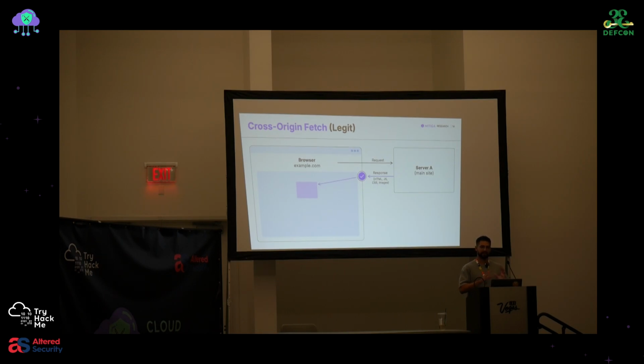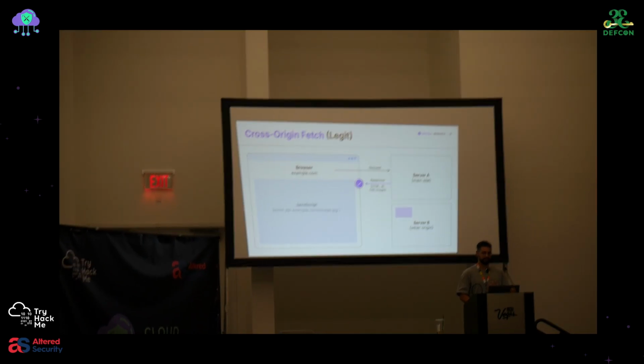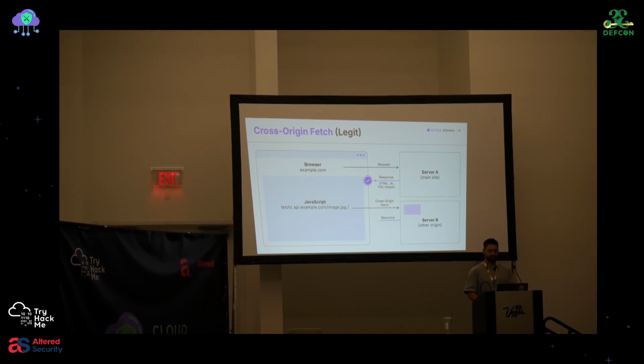Sometimes, some of these resources are hosted on a different server on the internet. To fetch these resources, JavaScript has a built-in function called fetch that fetches resources from a different server. It basically sends another, cross-origin request to that server asking for that resource.